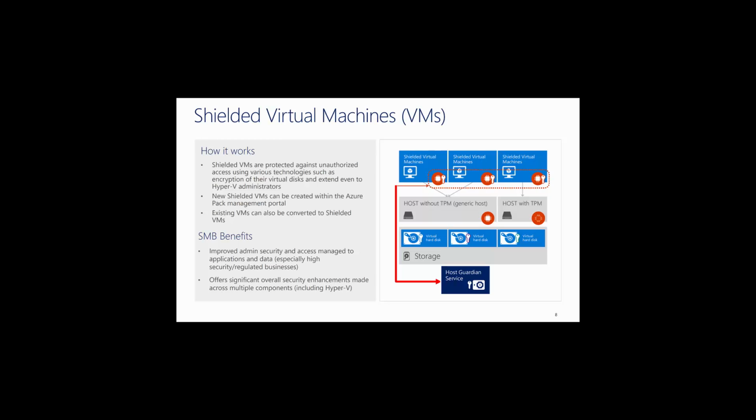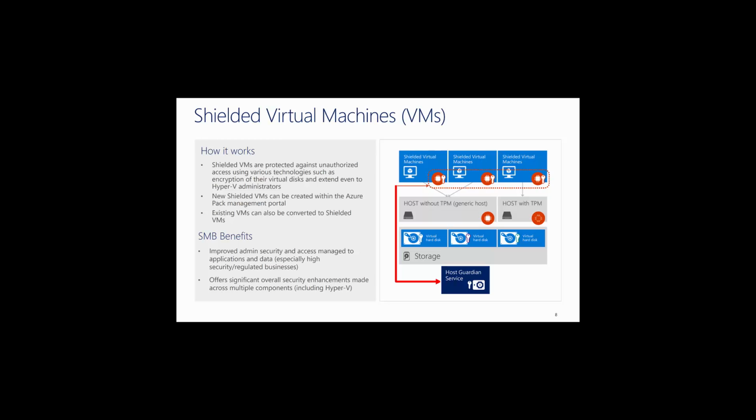So if someone says, well, look, we want to make sure that even if someone somehow gets physical access, they can't get the VMs off, this is one of the things that will really help. If we take a look at the SMB benefits here, what we've got is improved admin security and access to managed applications and data.